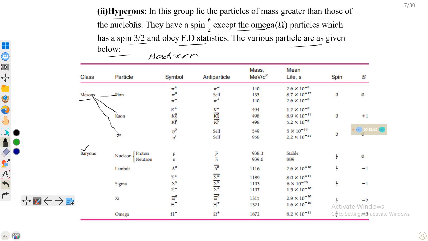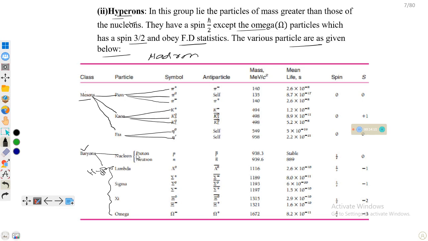It can exist in three different charge states. You can see pi minus, pi plus and pi zero, and kaon can exist in three different states. Similarly, eta particles and their antiparticles. Similarly, baryon is further divided into two: nucleons, and hyperons. These all are hyperons.